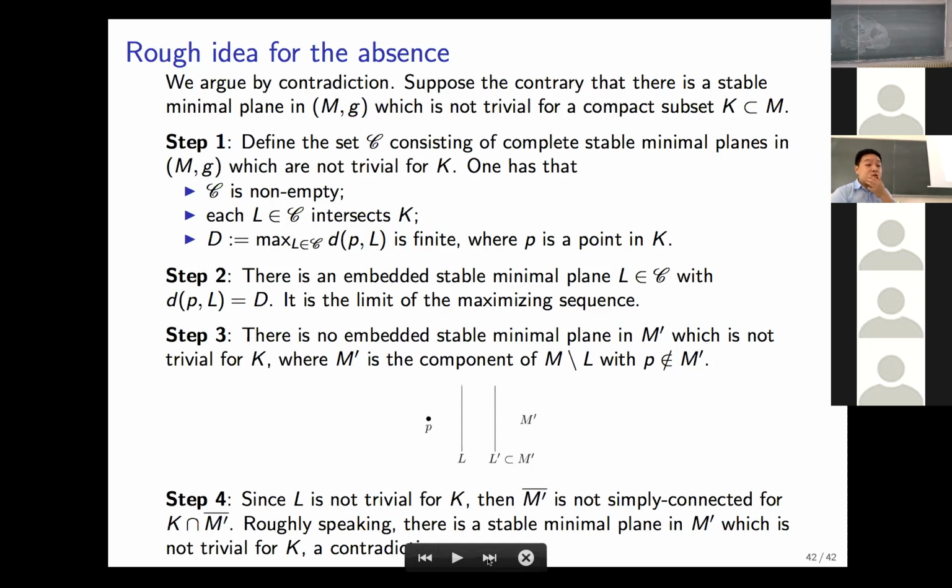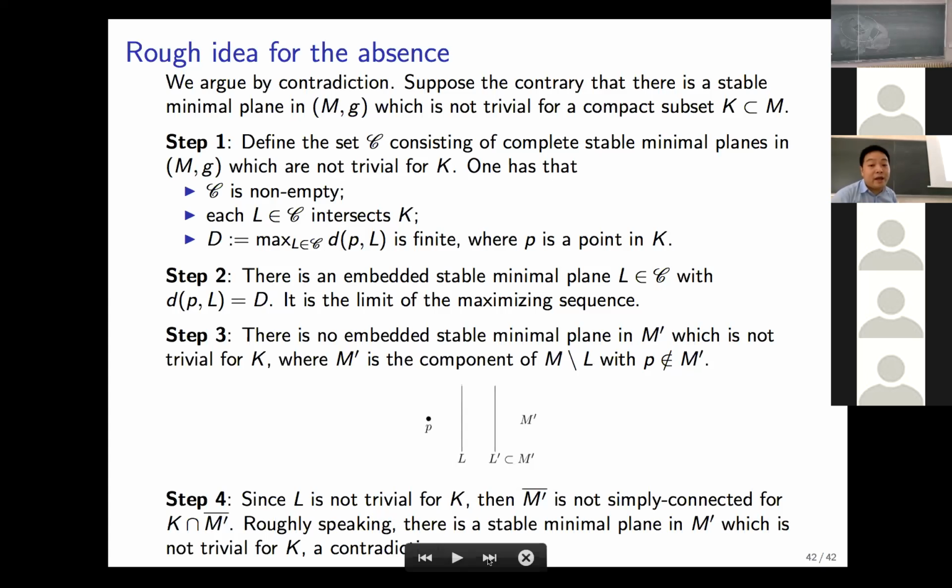Step three, we use the definition. We can show that there is no embedded stable minimal plane in M prime which is non-trivial for K, where M prime is the component of M delete L with P not in M prime. Please see the picture.